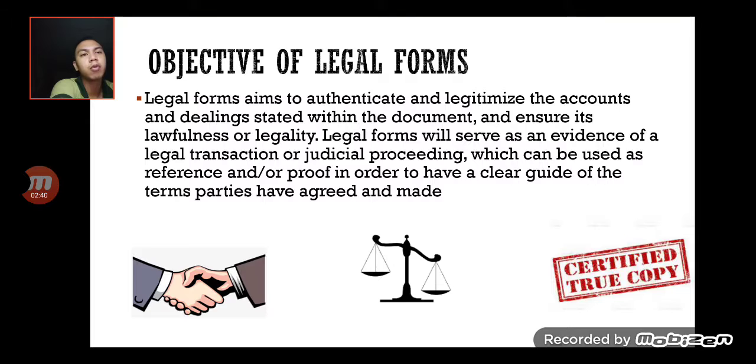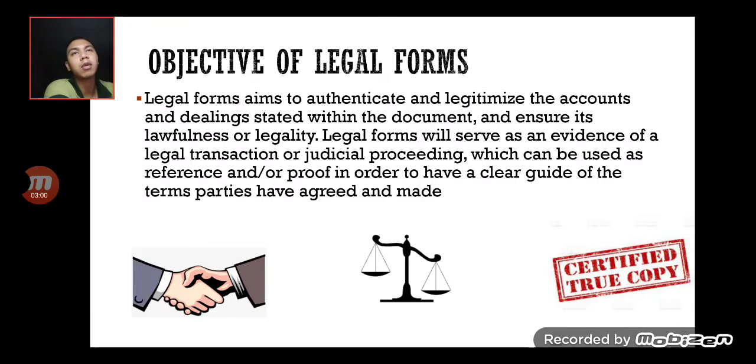Legal forms will serve as an evidence of a legal transaction or judicial proceeding, which can be used as reference and or proof in order to have a clear guide of the terms that parties have agreed and made.